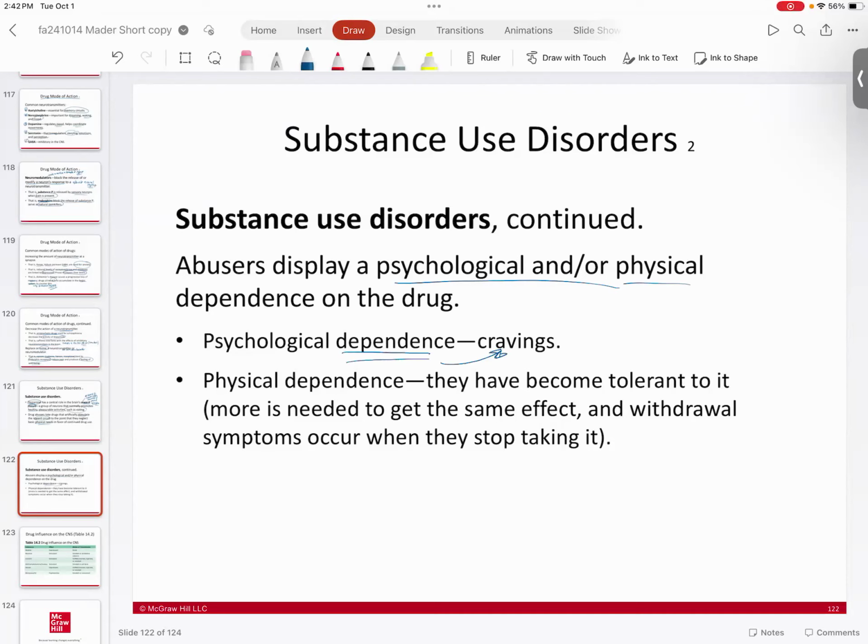So you basically have the need to actually take this drug, a strong desire to actually take this drug. And a physical dependence is when your body's physiology has become tolerant or expectant of this drug.